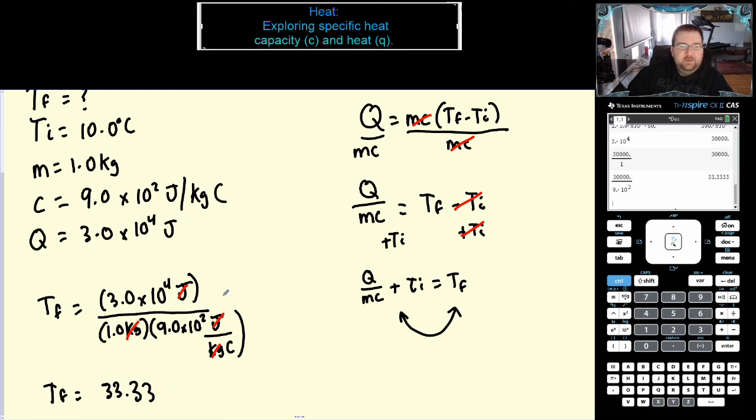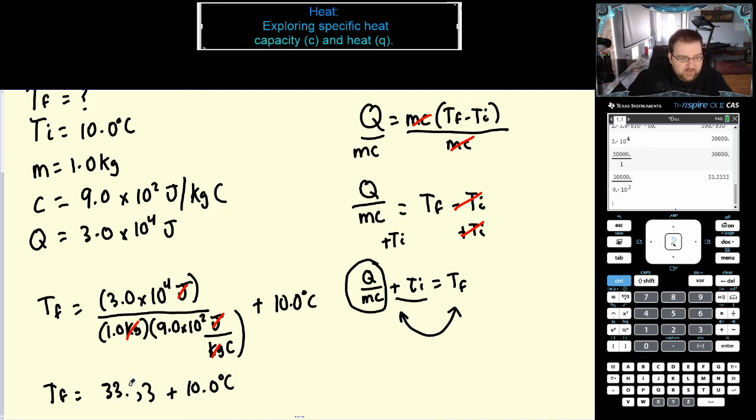So TF is equal to 33.33. Now remember that this is actually supposed to be Q over MC plus TI. So we need to add TI to this, and TI is 10 degrees Celsius. We also want to be careful about our significant figures, right? We have 2 sig figs in all of these.